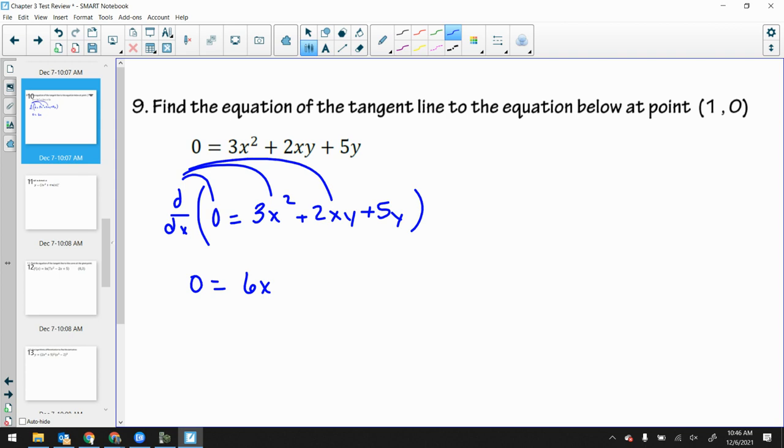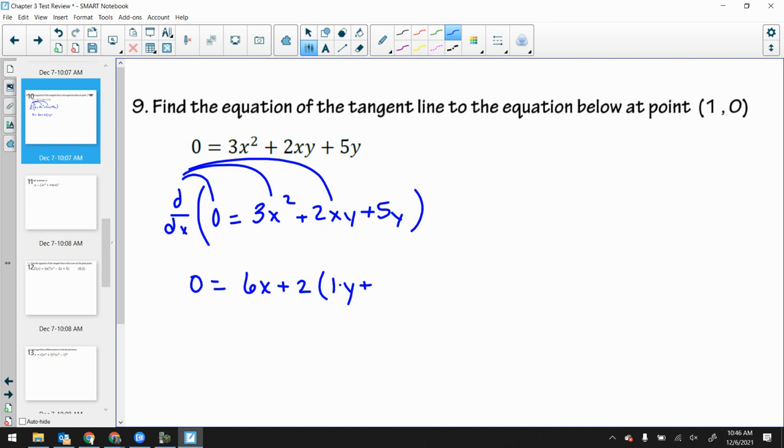Here, I've got to do some product rule, right? So plus 2 quantity, f prime, excuse me. f is just x, so when I take the derivative of x, that's just 1, times the original second, plus g prime.